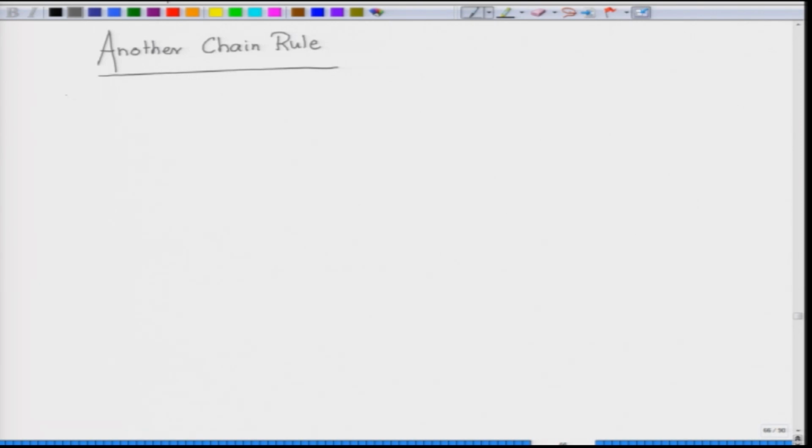So, we will take f to be a function of 2 or 3 variables. This is just for your visualization. It does not matter what the number of variables is. To have chain rules, the number of variables can be very different. But for simplicity, for visualization, let us be restricted to this.